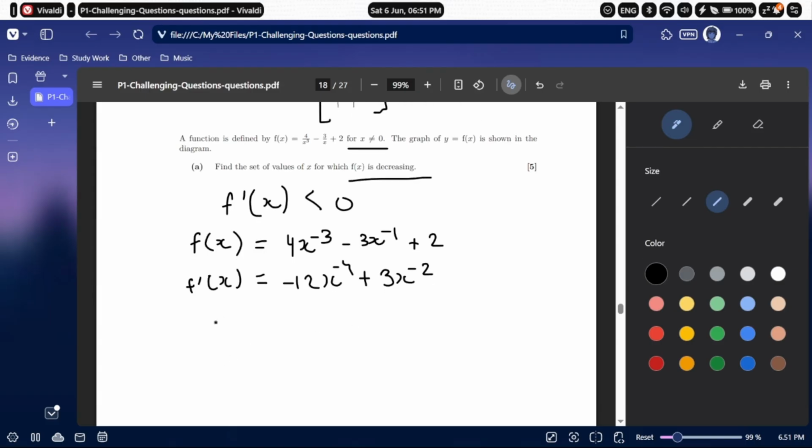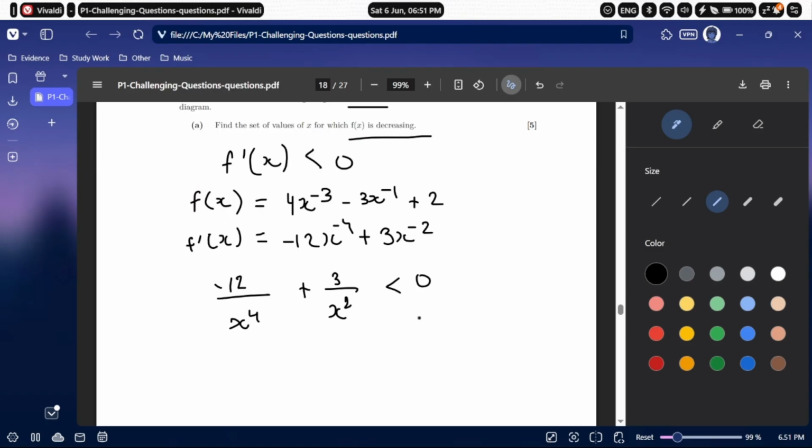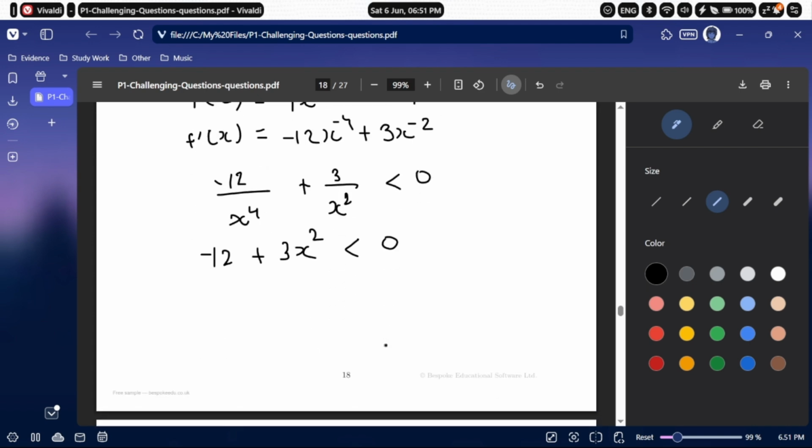So you get minus 12 over x raised to 4 plus 3 over x squared is less than 0. Then just multiply by x raised to 4, and you can also divide by 3. So minus 12 plus 3x squared is less than 0. Okay, so minus 4 plus x squared is less than 0. You get x squared is less than 4.